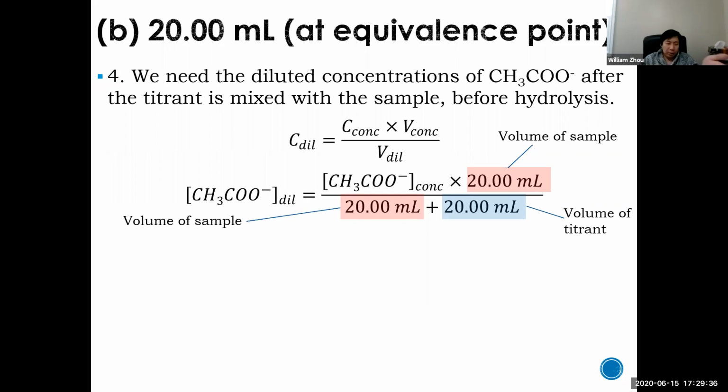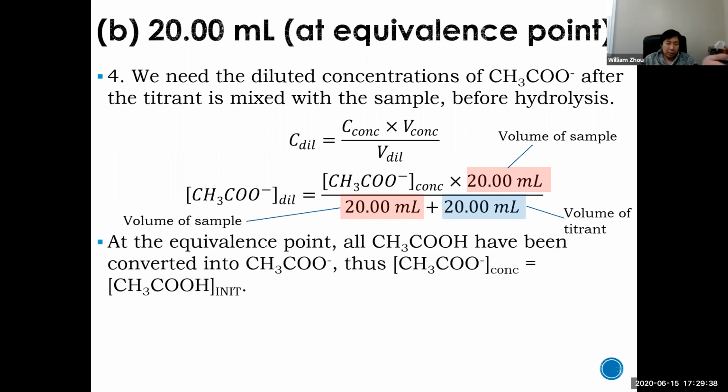What is the concentration? Well, because we're now at the equivalence point, and the definition of the equivalence point is all the acid and base have been consumed, we can safely assume that whatever conjugate base you have now all came from the original acid.